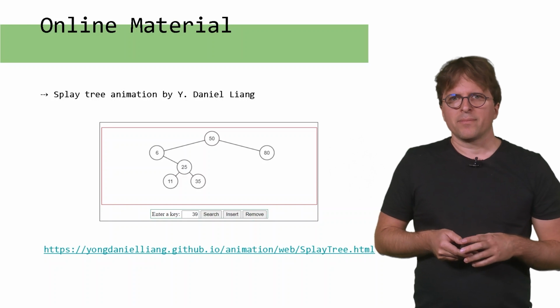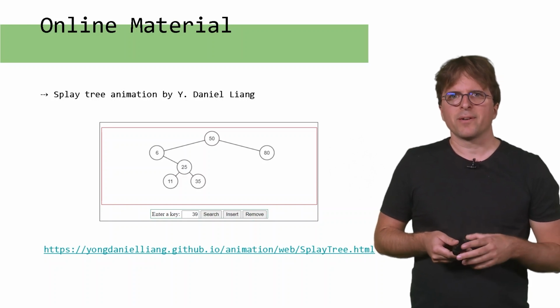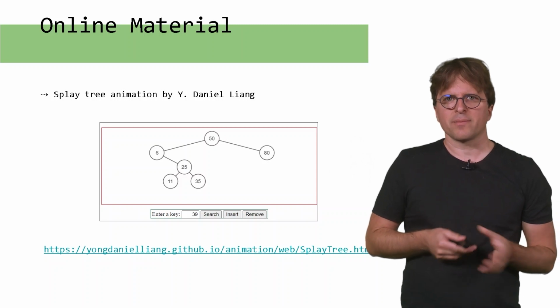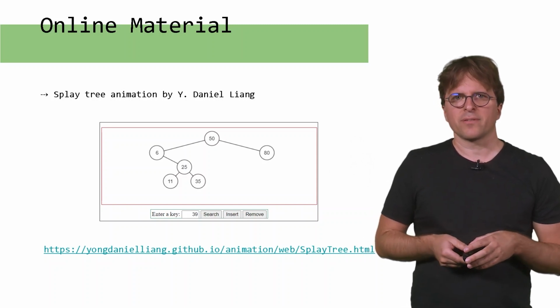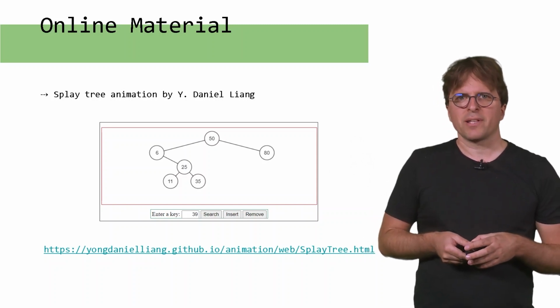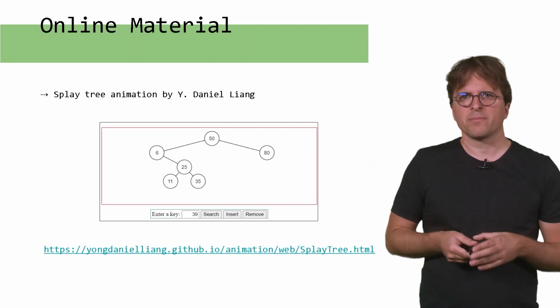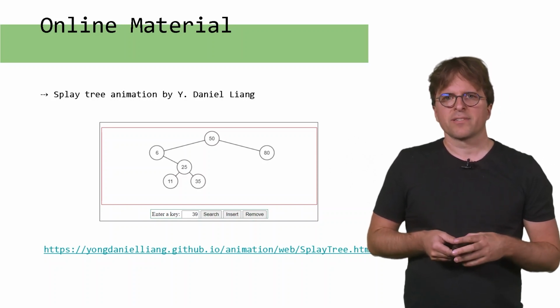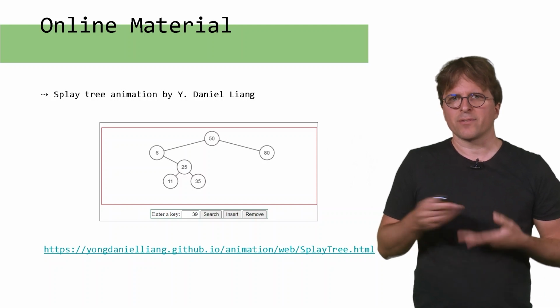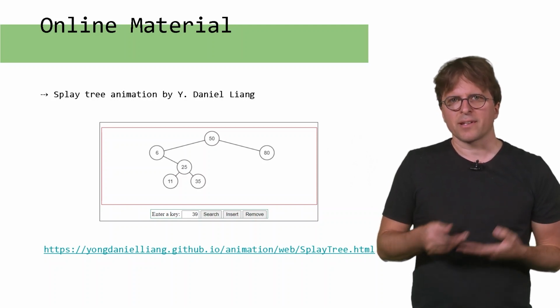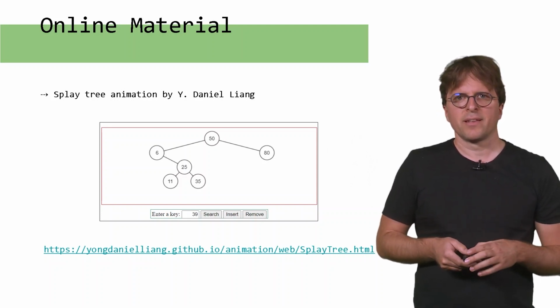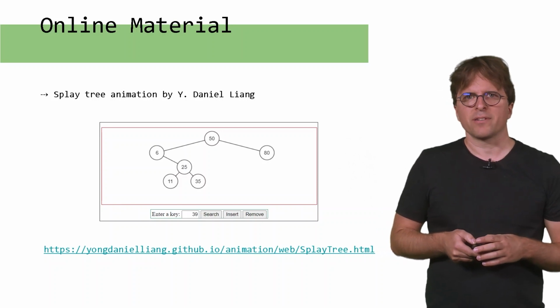If you are excited, hopefully, about these splay trees, then have a look also at this online material. For example, there is a nice applet of splay trees in the animation by Daniel Liang. So have a look at that, and you can also play around with accesses and get intuition about the working set using this online material.